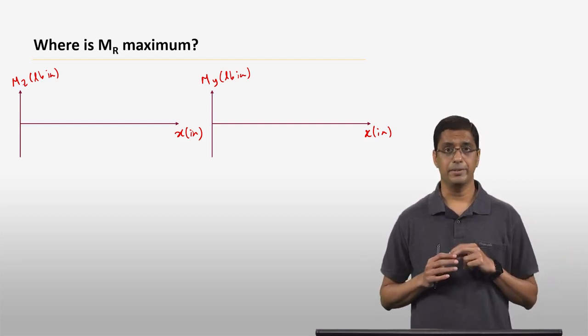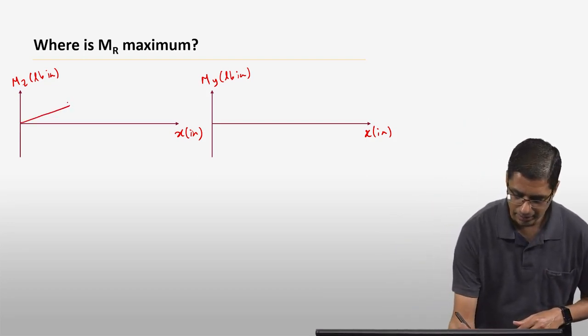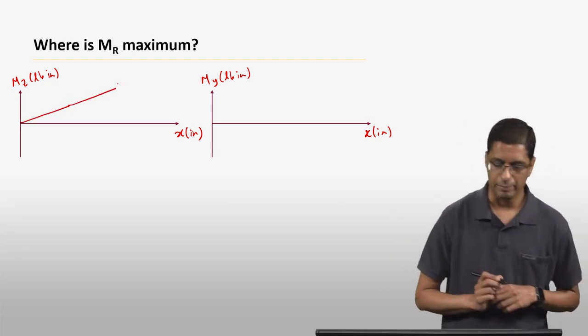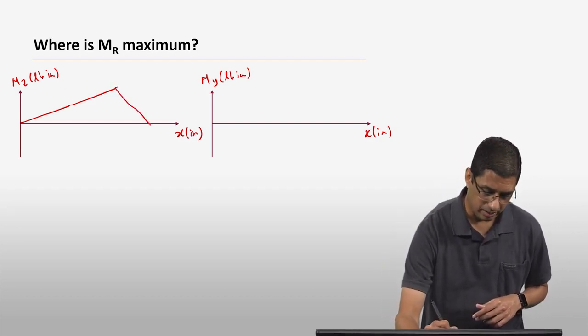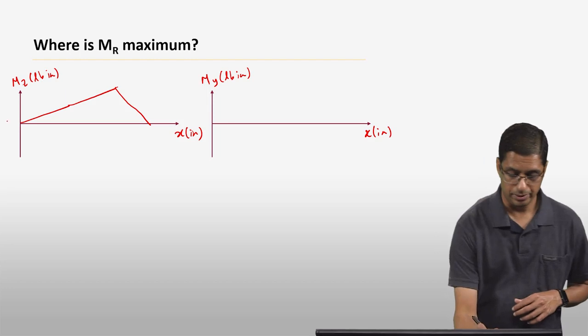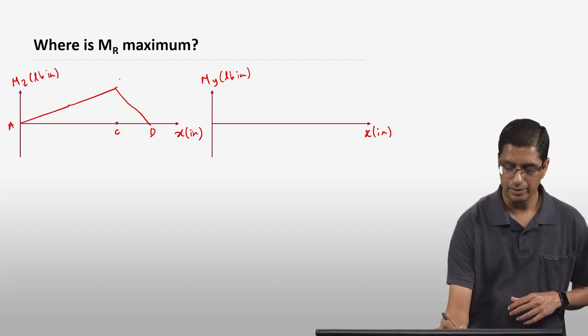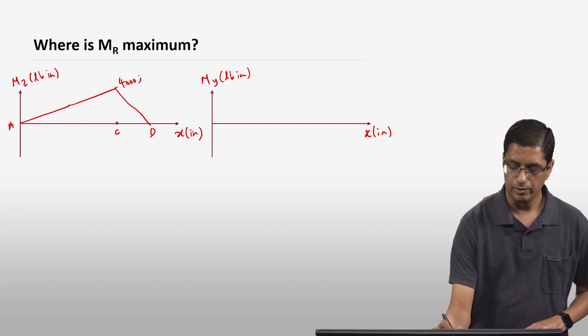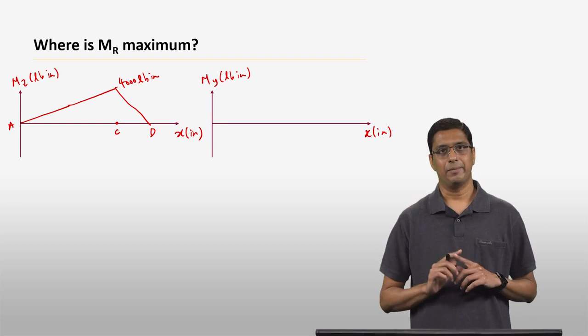Okay? Just to remind you, this Mz diagram essentially looks like this, right? It keeps on rising till point C, then it comes down to 0 at point D. So this is point A, this is point C, and this is point D, and you have a maximum of 4,000 pound inches at point C. The My diagram is a little bit different.